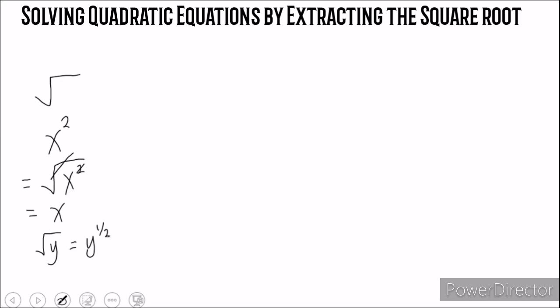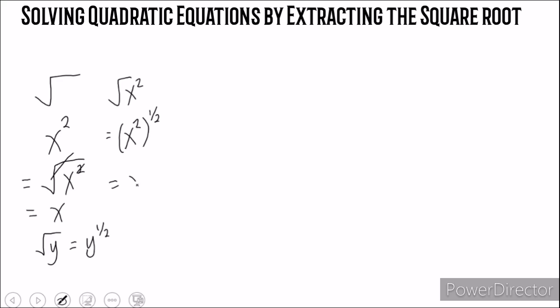That is the reason why na-cancel na lang yung square. Bakit? Kasi ganito yung ginawa natin. Since we have square root of x squared, it is simply equal to x squared raised to 1/2. Going back to your lesson in law of exponent, alam naman natin na yung power rule natin, kapag power of a power, ang ginagawa lang natin ay pinagmumultiply yung dalawang exponent.